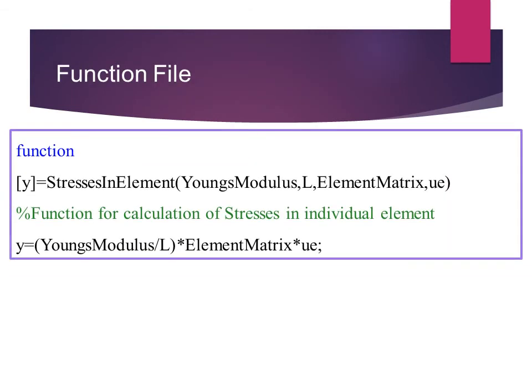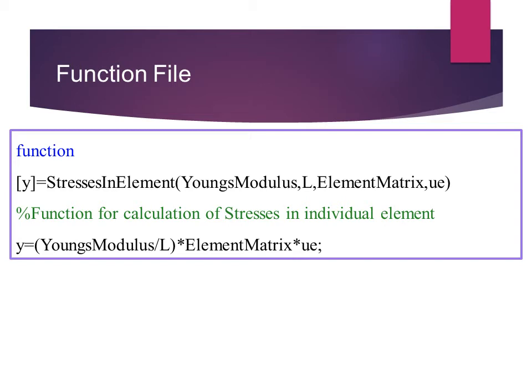Now this is the function file. Remember, to define the function file, the name of the function file and the recalling of the function will be the same. So I am saving this function file using the same name, that is stresses in element. Now what is function y? I am defining one function y as sigma. Okay, and that sigma, stresses in element, is dependent upon which variables?